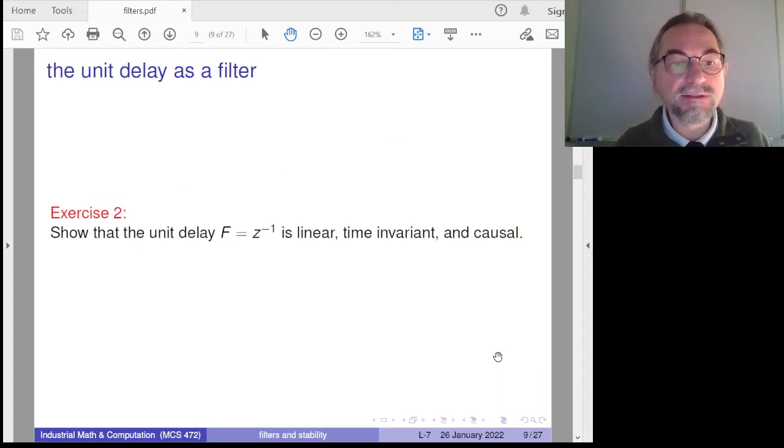The second exercise mainly asks you to reflect a little on these three properties for the first example of the unit delay. The unit delay we represent here by 1 over z, which seems strange, but this is the symbol for the Z-transform.